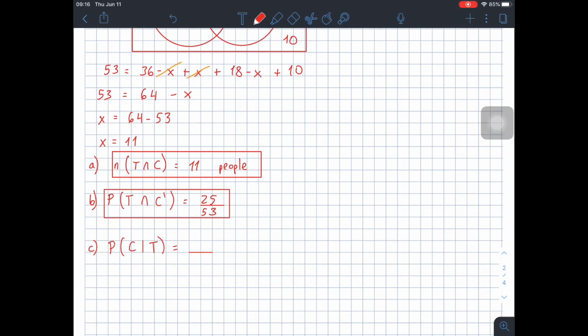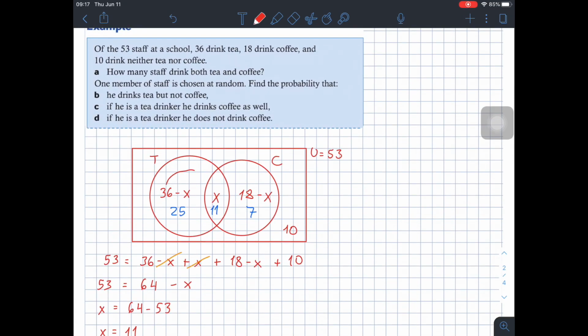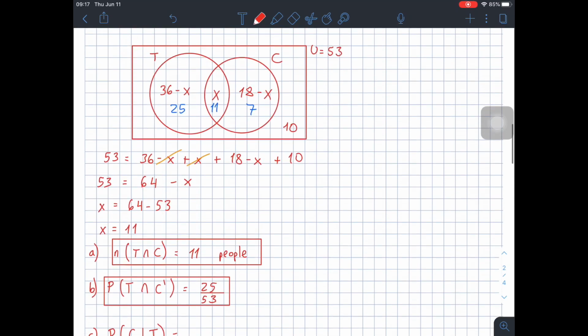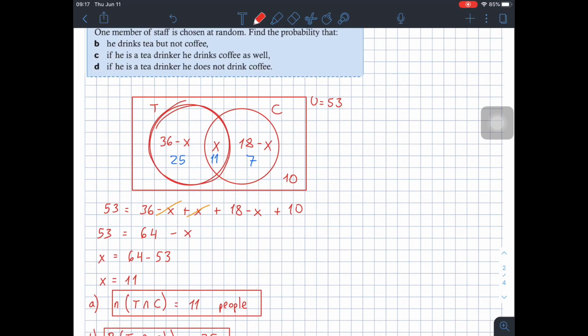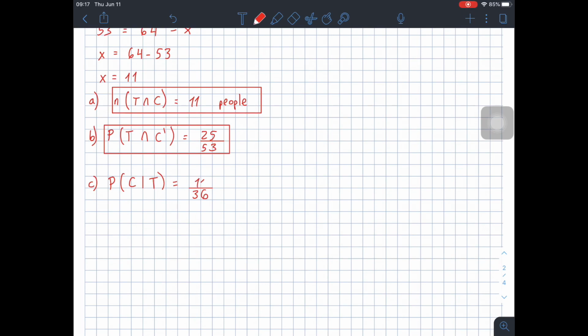Our new universe should be the amount of people who drink tea in total, which we know are 36, right? Here we have the information. So 36 is our new universe. And out of those people in this new universe, I'm only looking at this circle here. How many drink coffee? 11 drink coffee, okay? So this conditional probability would be 11 out of 36, okay?